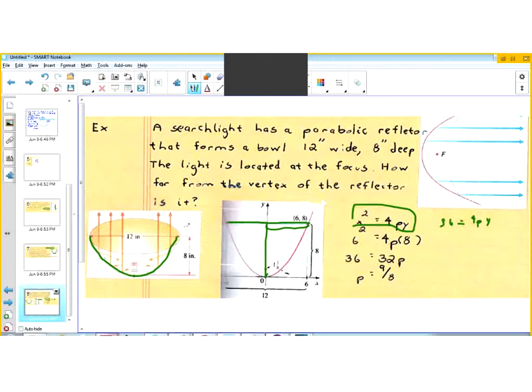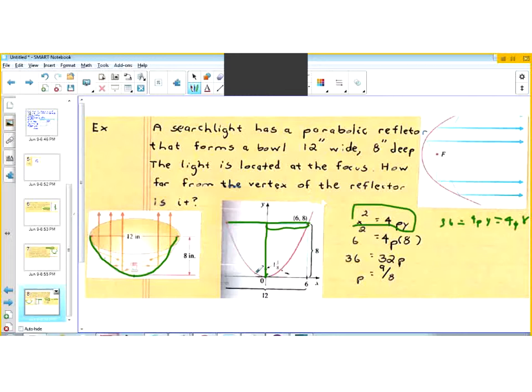So from the diagram, we deduce the properties of a parabolic cross-section. So 36 is equal to 4p times 8. So 36 is equal to 32p, and solving for p, p is equal to 9/8.